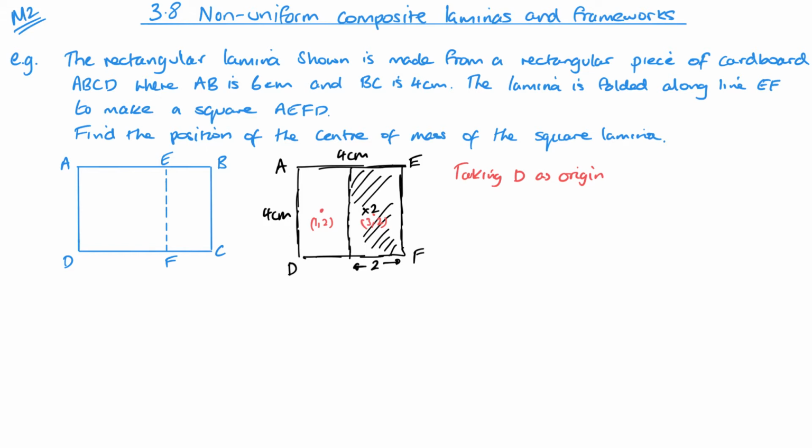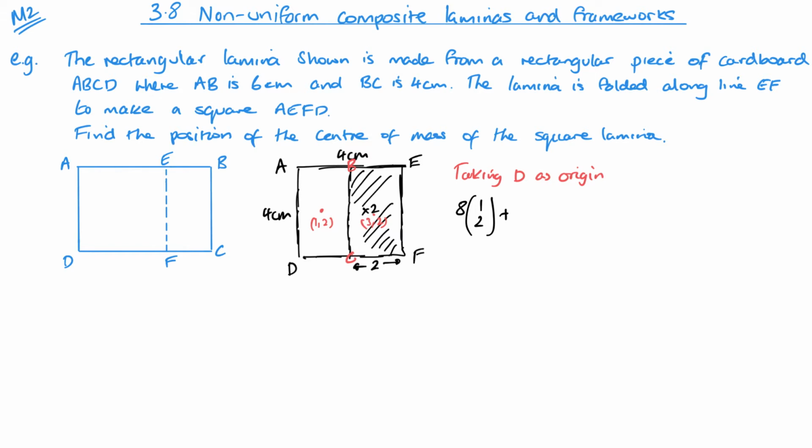So looking at the area of this first one, if I just pop in the letters, B would now be here and C would be here because it was folded over, wasn't it? So if I'm looking at rectangle ABCD now, as in the small one, this new one, it has an area of 8, 2 times 4, and a center which is 1, 2.